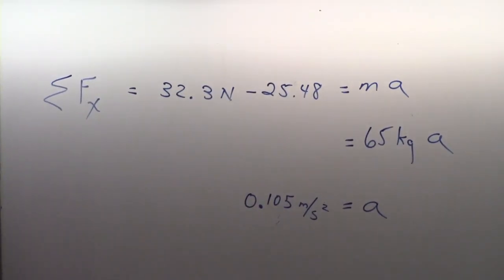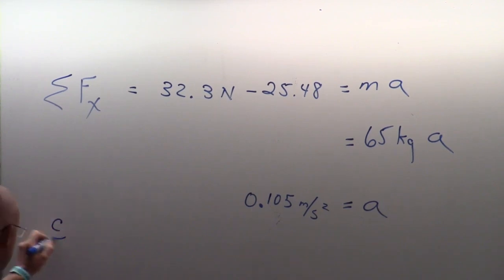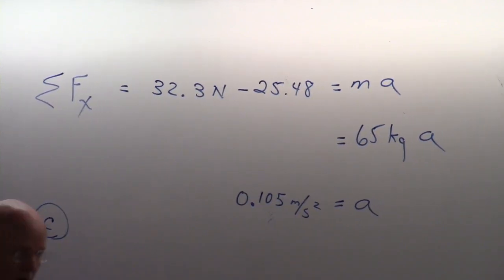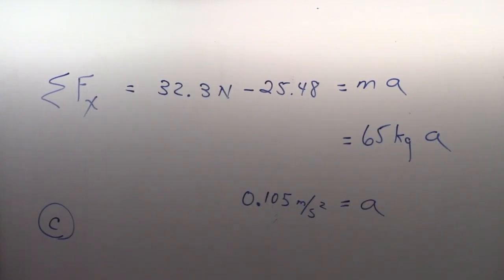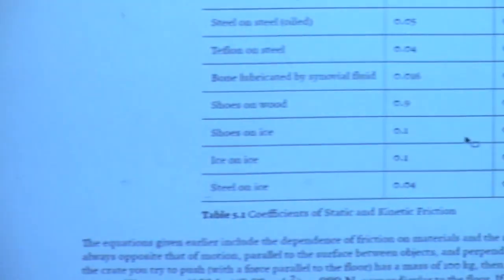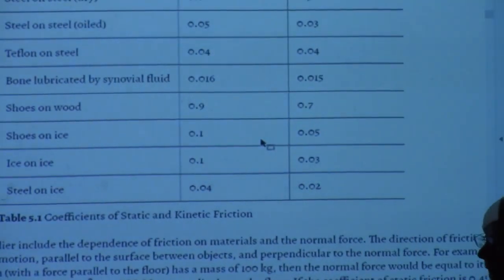But of course, this is where part C comes into play, because as soon as she started to move, as you saw, it would drop away from its maximum down to its kinetic friction. So we probably need to do a new calculation for its kinetic friction. And that's how they worded the problem.